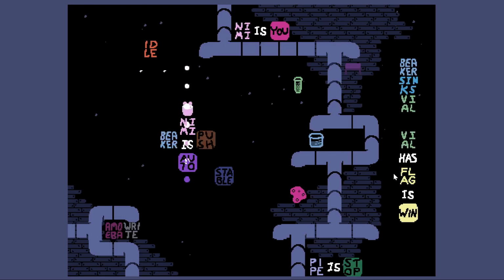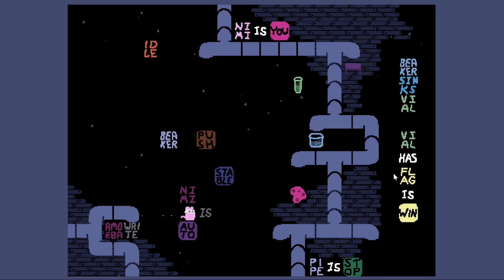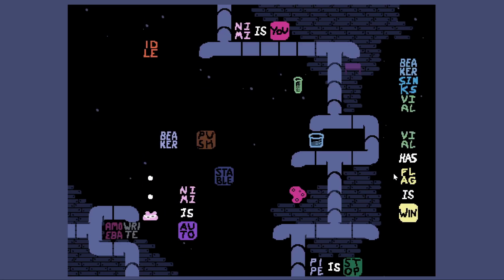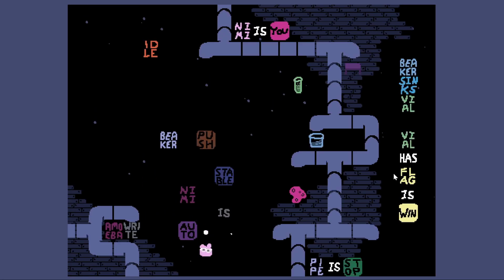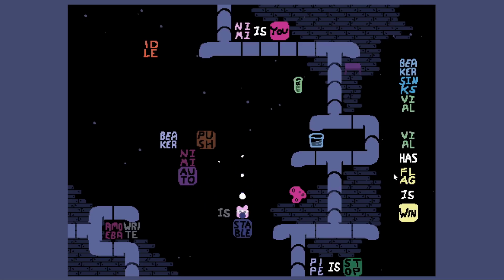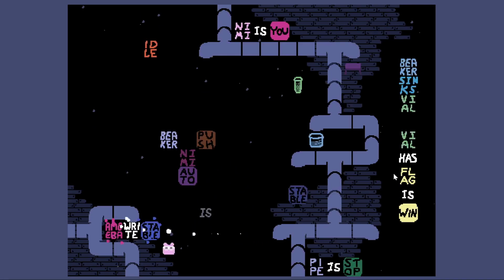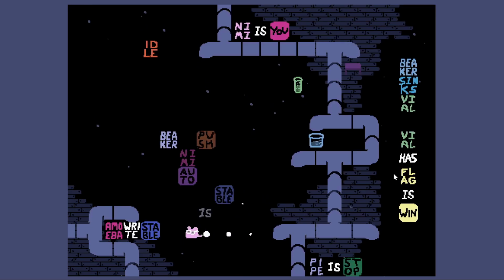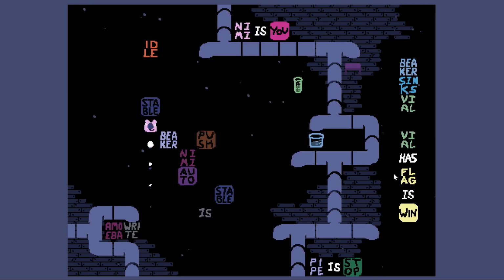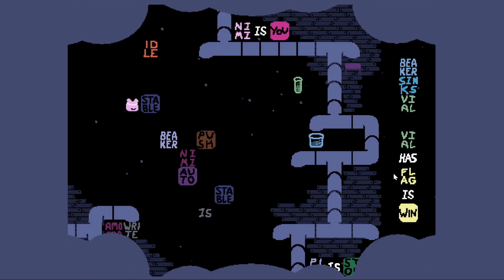How does this help? You can write stable. I feel like writing stable might be useful. If we haven't used stable yet, so what is up with having two stables? I could make beaker is push and stable.